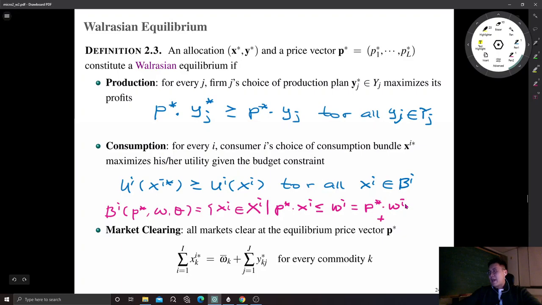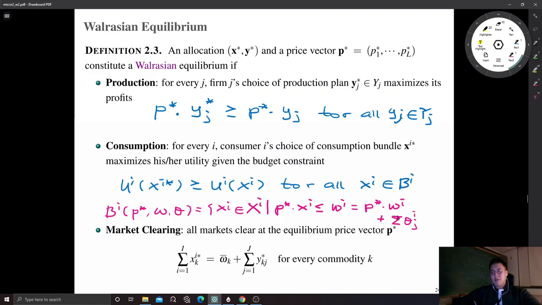The consumer has full ownership of the single firm, right? And we add the maximum profit to the wealth. So likewise, we have to add a profit that is theta_ji.